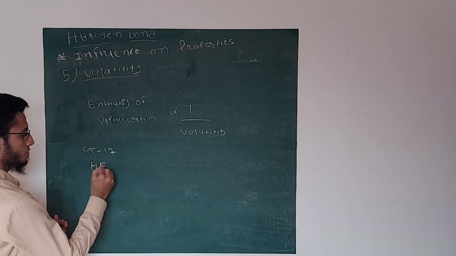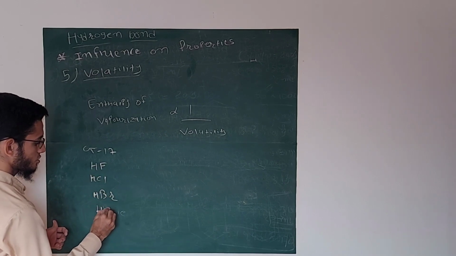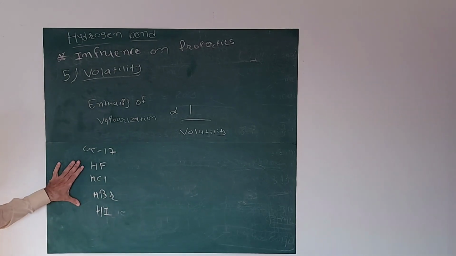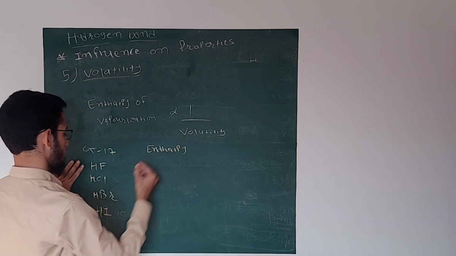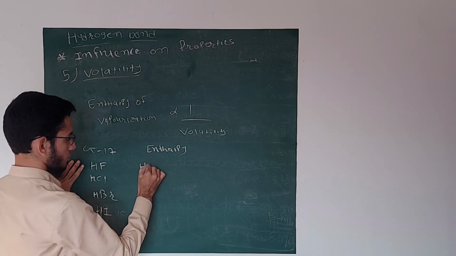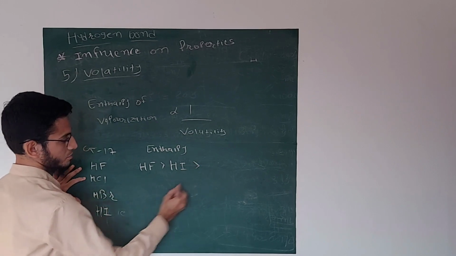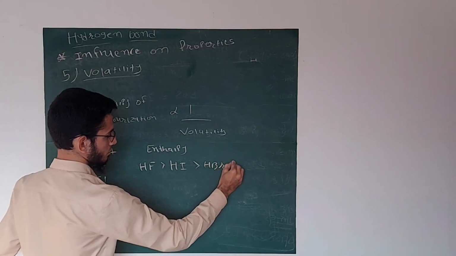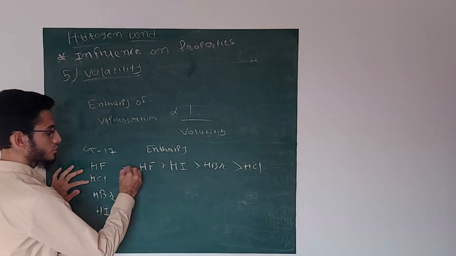HF, HCl, HBr and HI. The first is for enthalpy: HF, then HI, then HBr, then HCl.